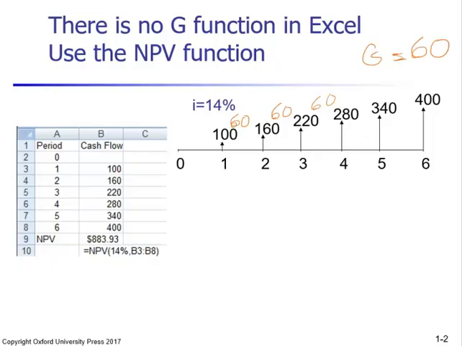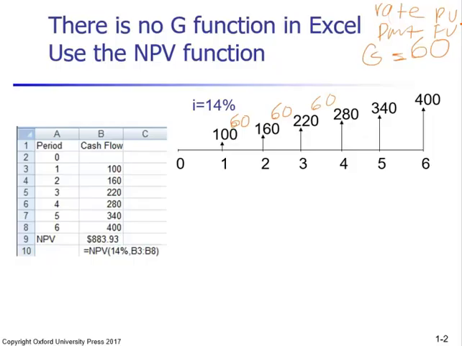But as you see in the title, in Excel, we don't have a G function, gradient function, because we had the rate function, correct? We had PMT function, we had PV function, we had FV, we had these things. We had the rate. Did we cover everything?